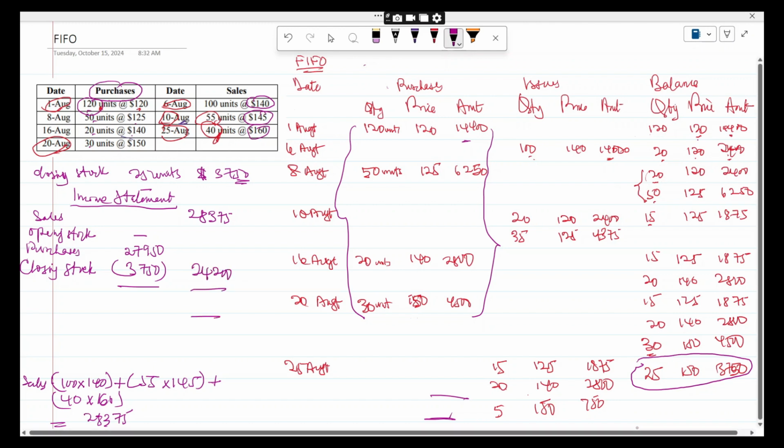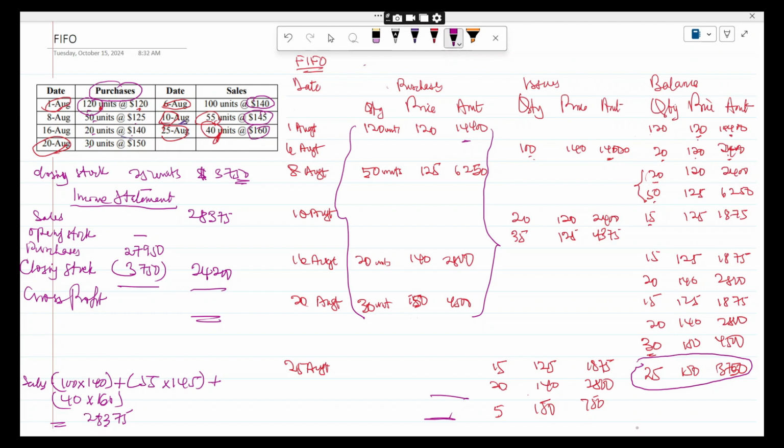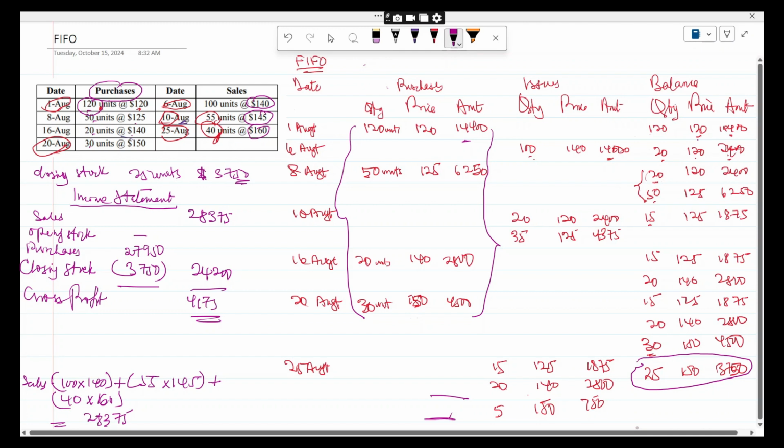So our gross profit is going to be 28,375 minus 24,200, which is 4,175. Great. So that is the income statement associated with the FIFO method.